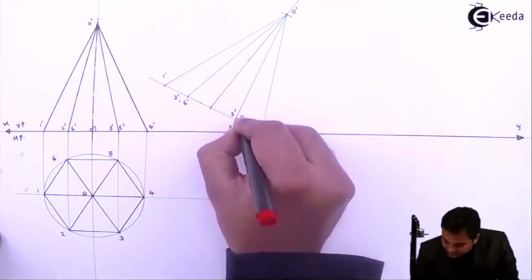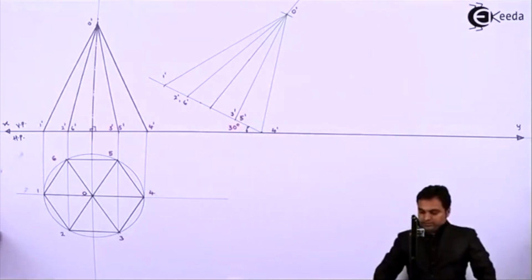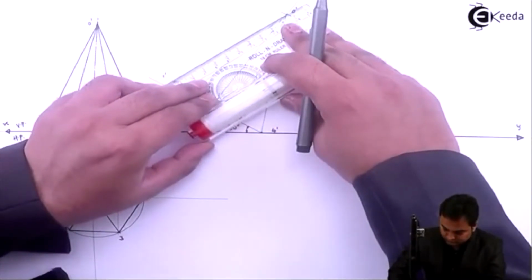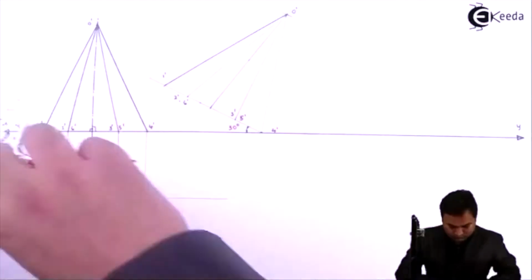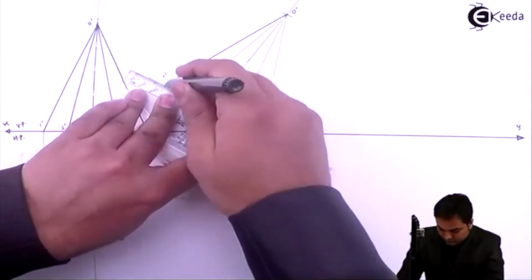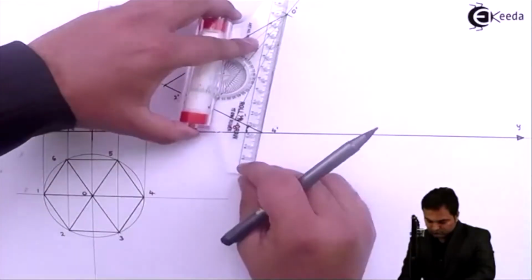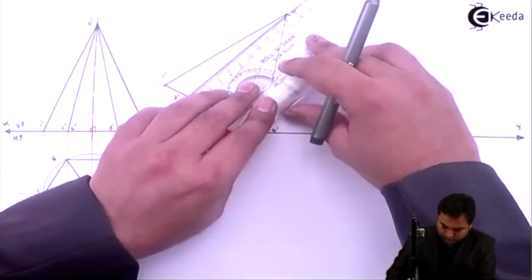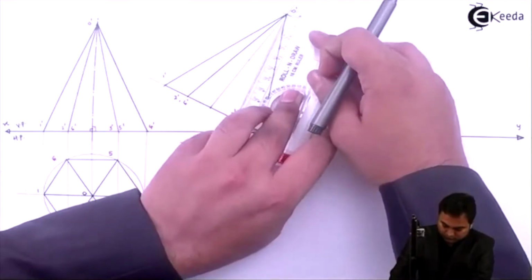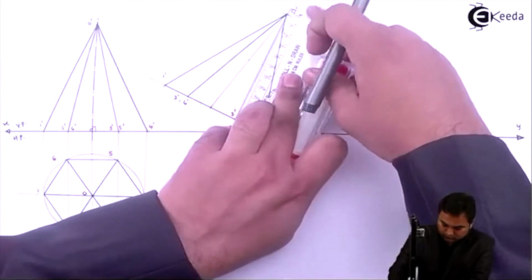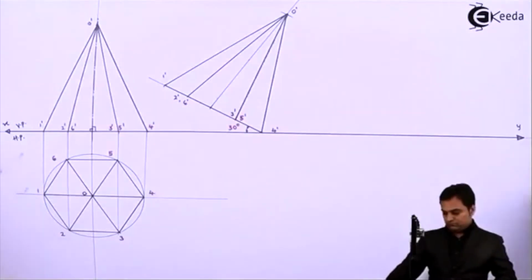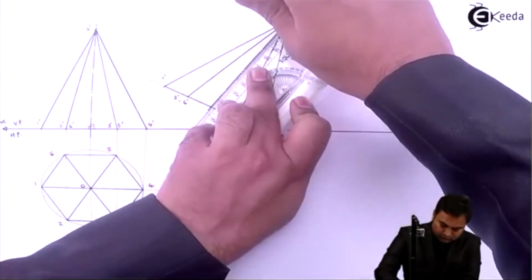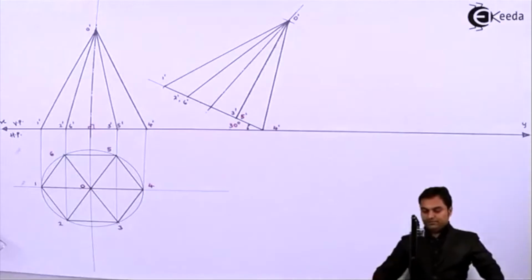Here we have 3 dash and 5 dash. Next, making this inclined pyramid dark. So this is the inclined pyramid.